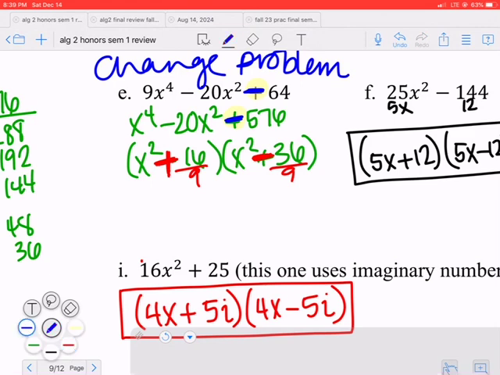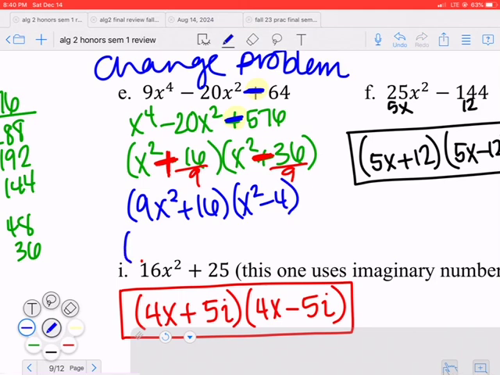And so 16 over 9, so that would be 9x squared plus, not squared, sorry. Yeah, 9x squared plus 16 times x squared minus 4.